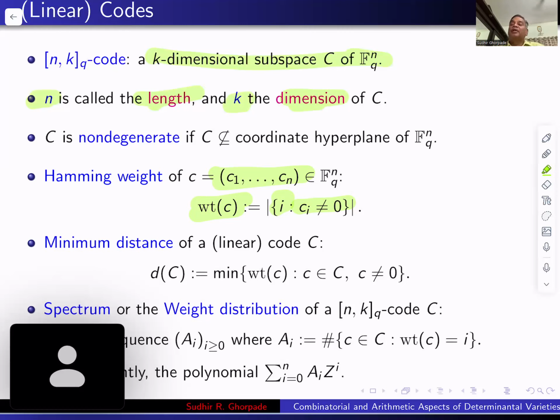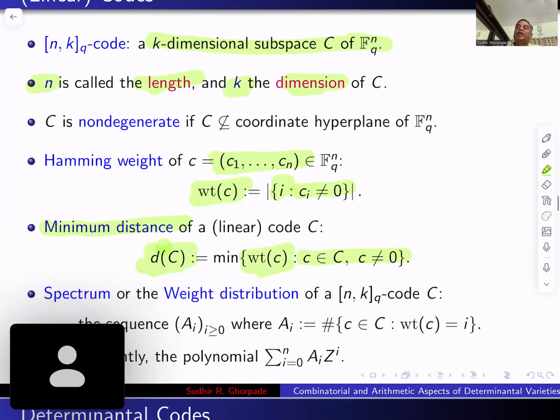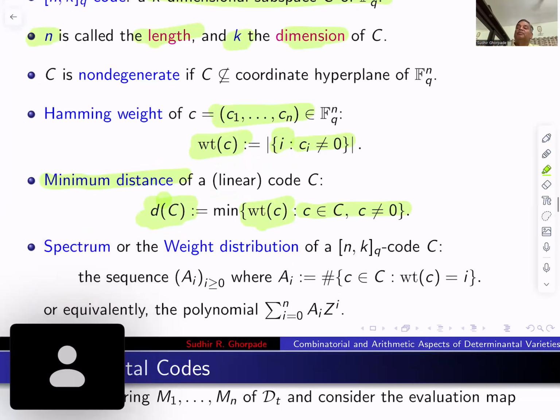And an important parameter for a linear code is what is called the minimum distance, usually denoted by d of C, defined as the minimum of the Hamming weights of non-zero elements of the code.